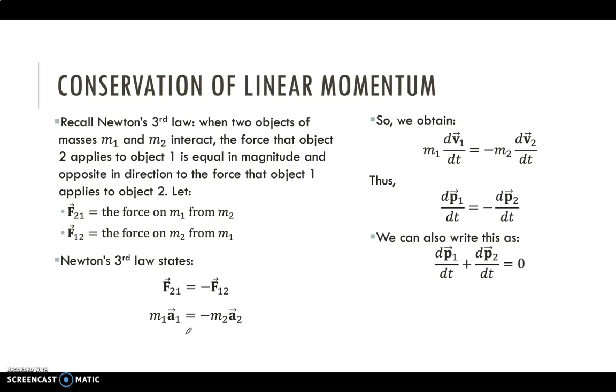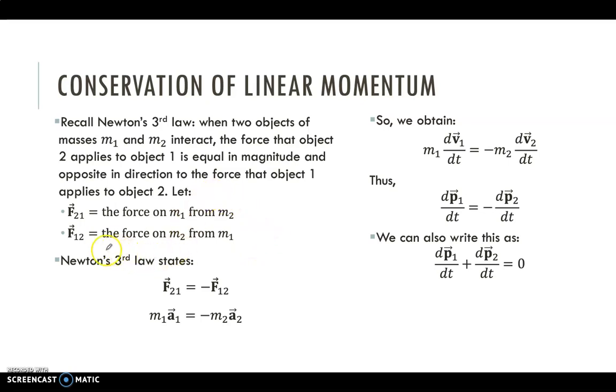We're going to go ahead and let F21 equal the force on M1 from M2. So the force that is being applied to the first mass, M1, and M2 is applying that force. And then F12 is the force on M2 from M1.